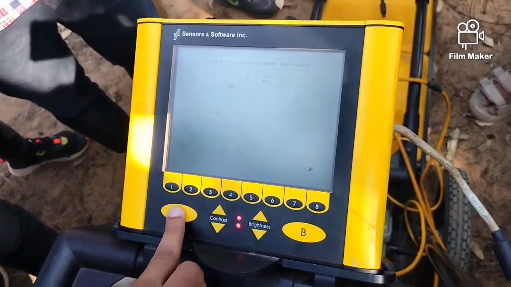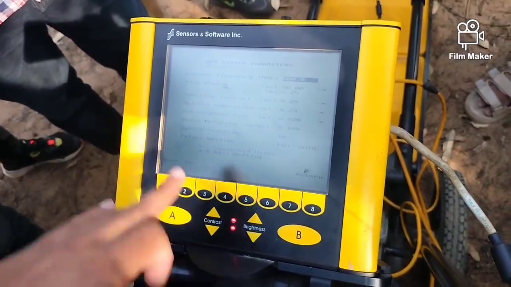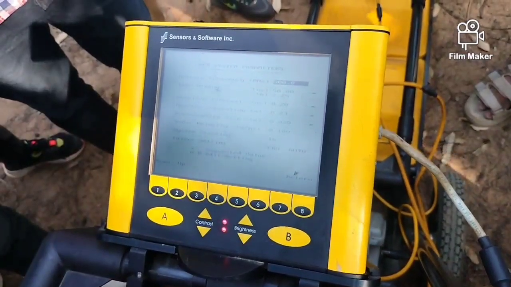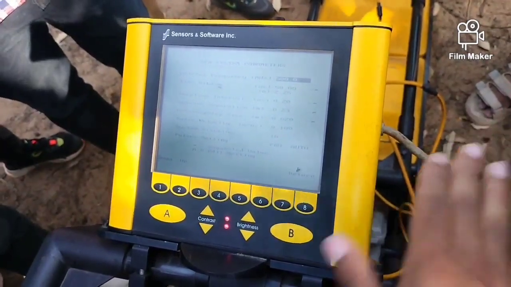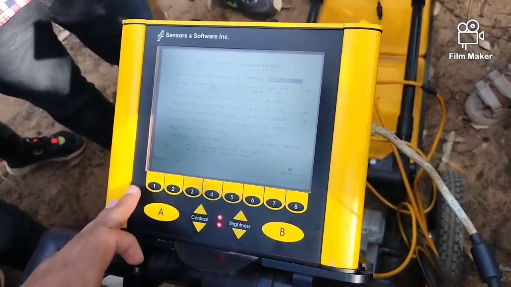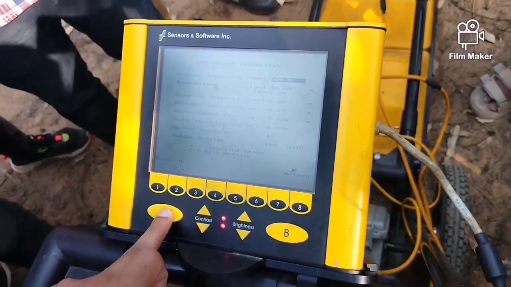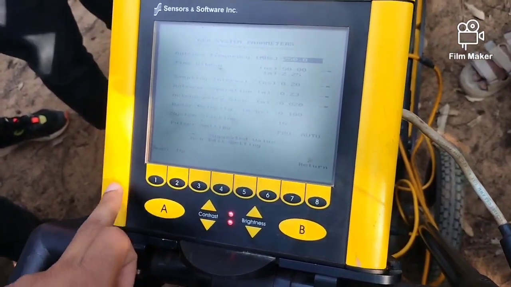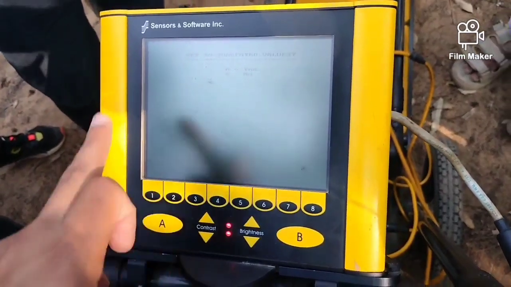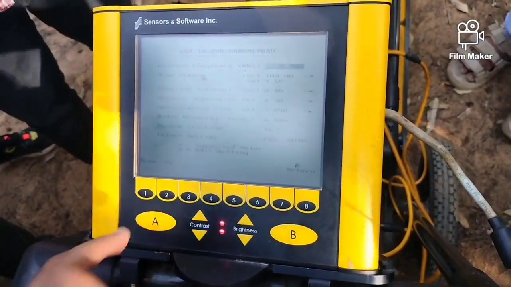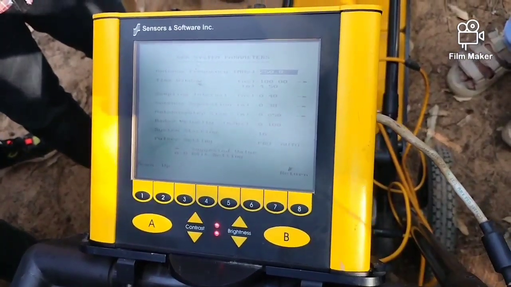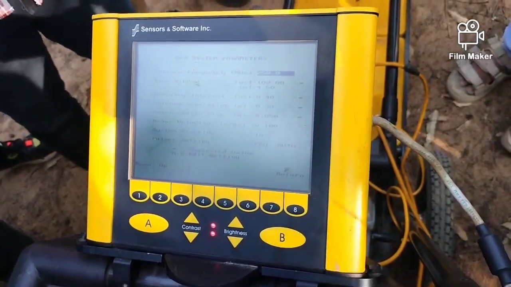If you press A, everything would be set up in accordance with 500 megahertz. But we are using 250, so we would change it back to 250. Press A. Now it's back to 250. Press 1, and now everything is back to 250 megahertz. So that's already set for us.